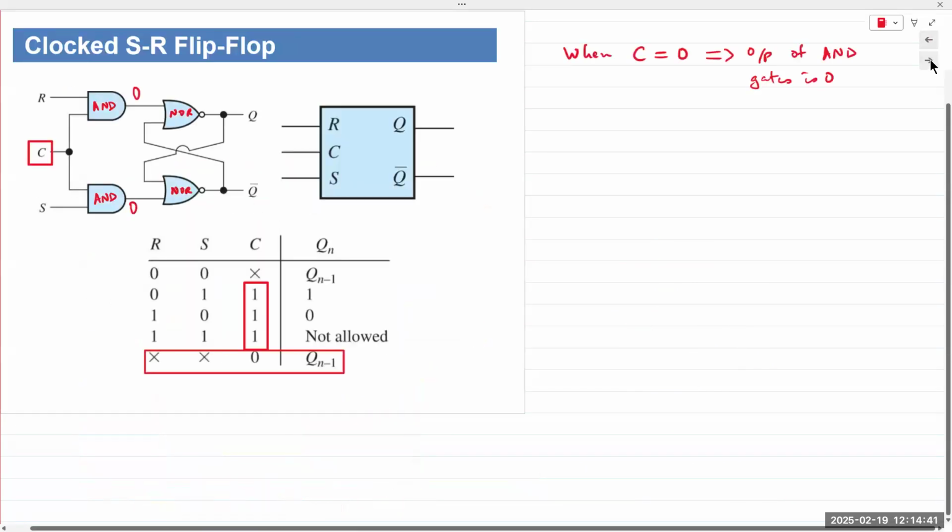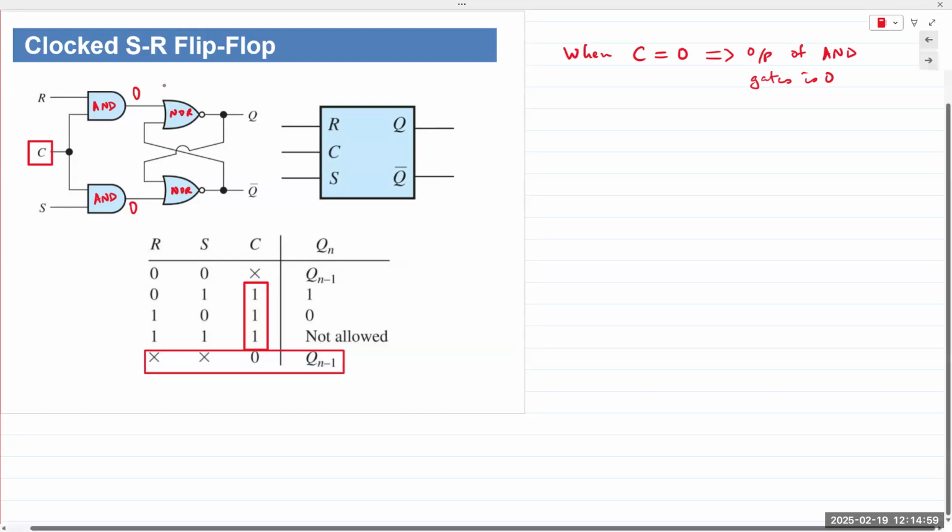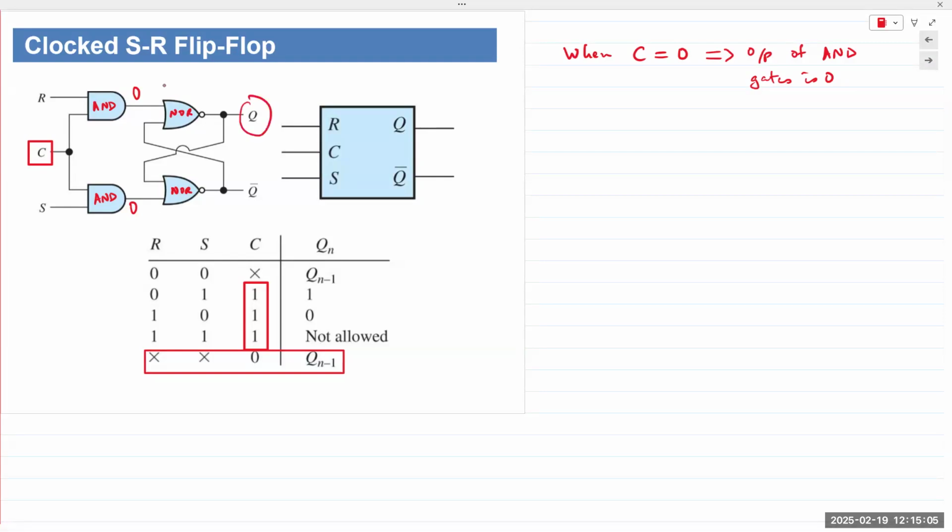So again, for an SR flip-flop with a clock, the clock must be high for the SR flip-flop to function. If the clock is 0, the output of the AND gates is 0, meaning you are sending 0, 0 to your NOR gates. When it's 0, 0, the output Q remains in the previous state, Qn minus 1.